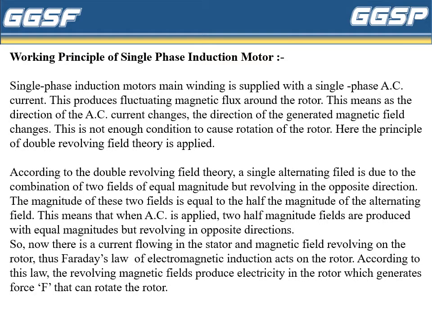This means that when AC is applied, two half magnitude fields are produced with equal magnitudes but revolving in opposite directions. So now there is a current flowing in the stator and magnetic field revolving on the rotor. Thus Faraday's law of electromagnetic induction acts on the rotor. According to this law, the revolving field produces electricity in the rotor which generates force that can rotate the rotor.